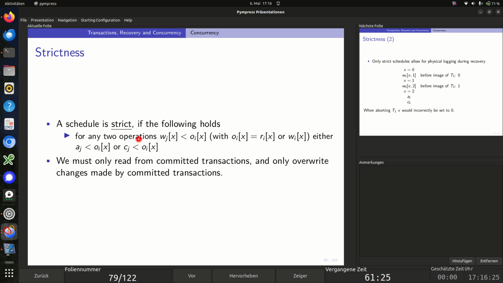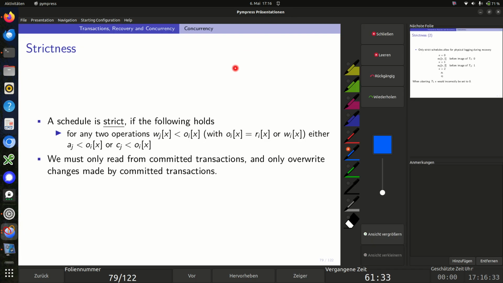So the rule for strict is stronger than the one for avoiding cascading aborts. So we know that if a schedule is strict, then it's also avoiding cascading aborts, of course.